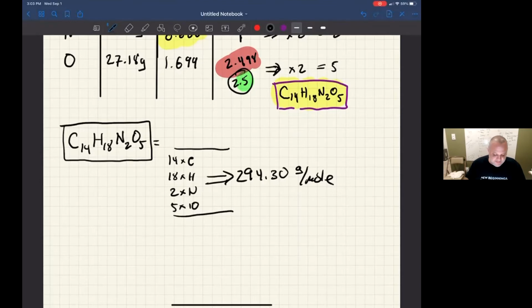And it turns out that that's the case. C14H18N2O5 is not divisible by any other whole numbers to get a whole number back. And so what do we have here? We also have our molecular formula. Okay.